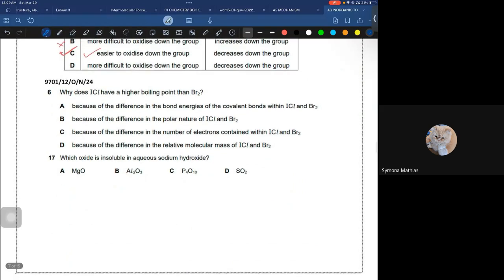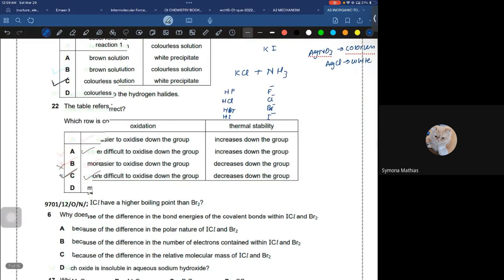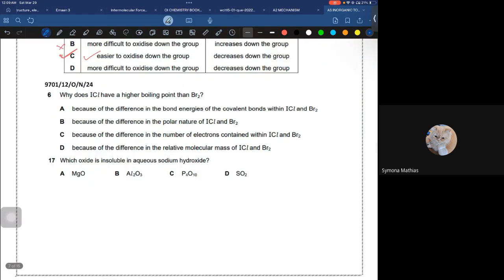See question number 6. It's a different paper, October, November 1, 2. Like this was 1, 1 and this is 1, 2. B. D for doctor.